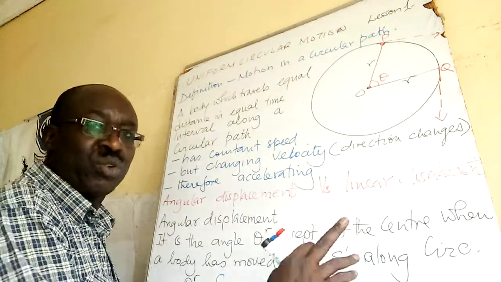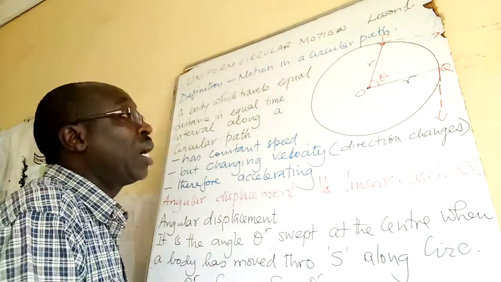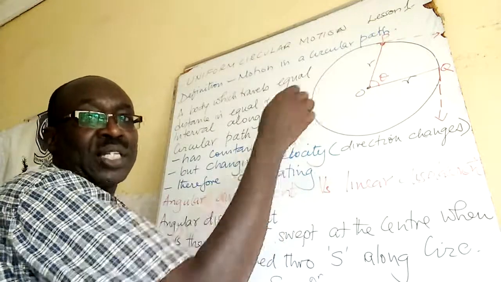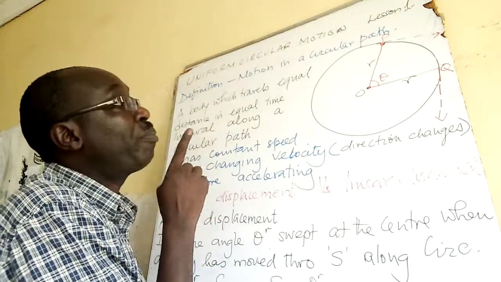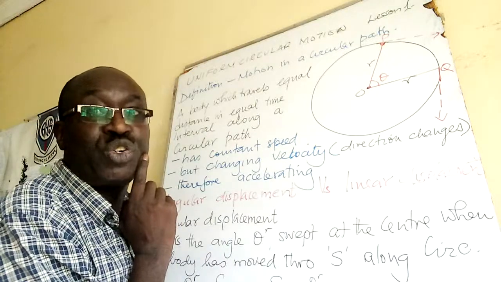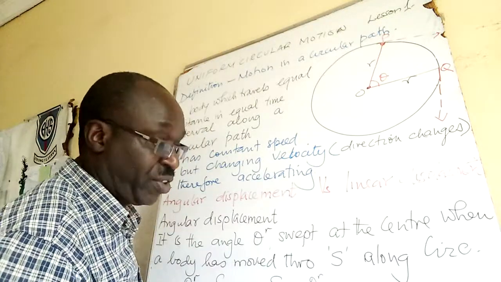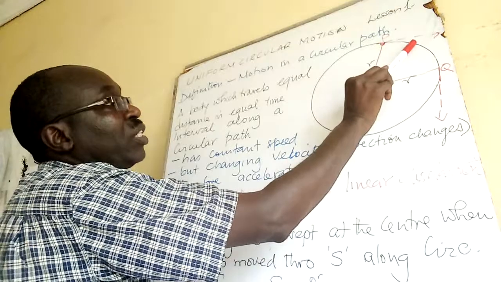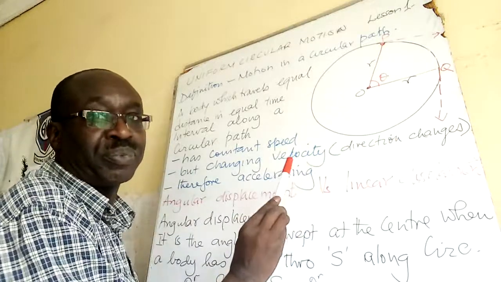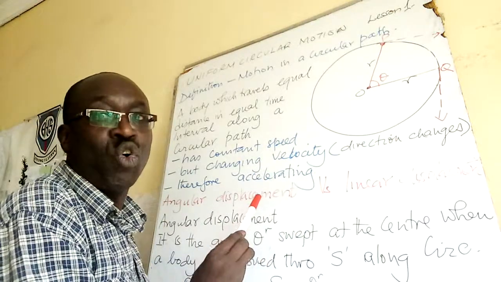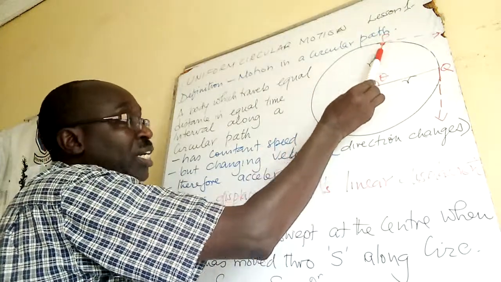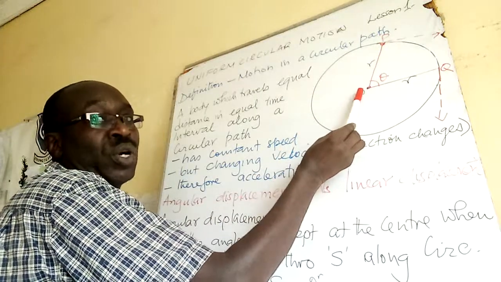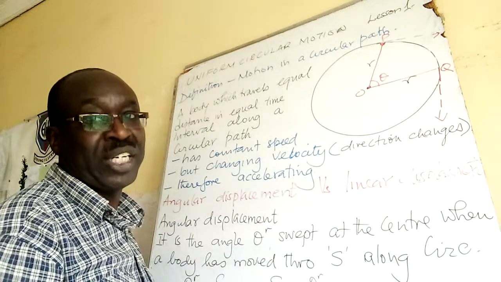Now I want us to consider here, I've drawn a circle for illustration. I am driving from point P to point Q along the circumference. My circle is center O, and therefore, if I draw a line from the starting point to O, it will be the radius of my circle.